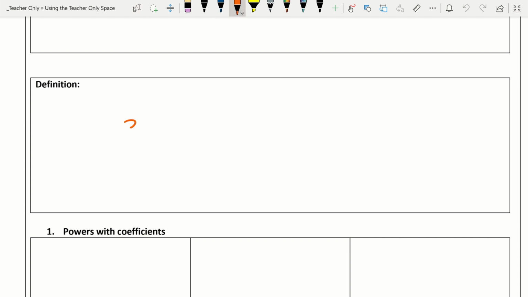We'll start with 3 times negative 4 squared. Or we might look at something like this: 3 times negative x, to keep it the same, all squared.